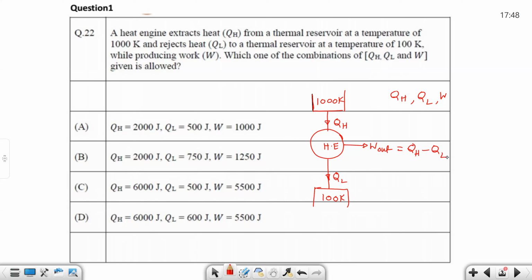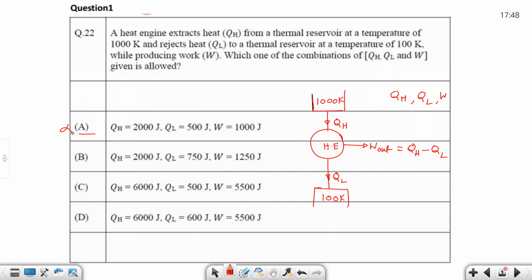So now if you look at A, your QH minus QL is 500. So the answer A is wrong. QH minus QL will be 1500 for A, but what is given is 1000. Okay, so that is wrong.